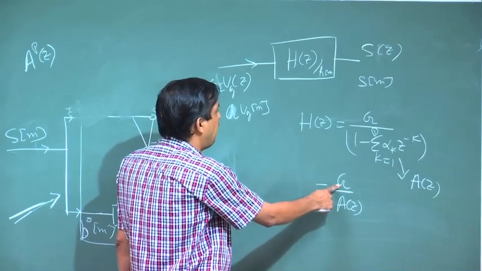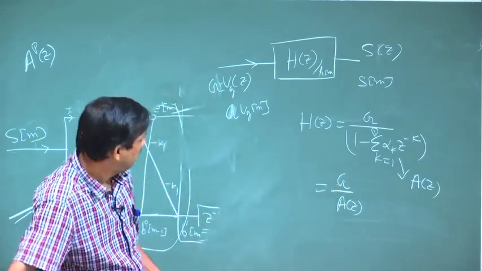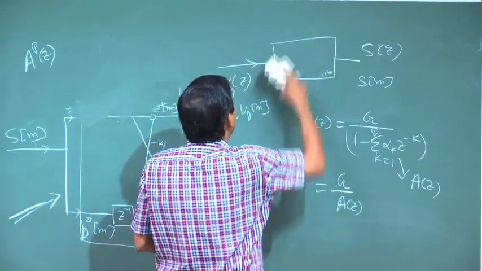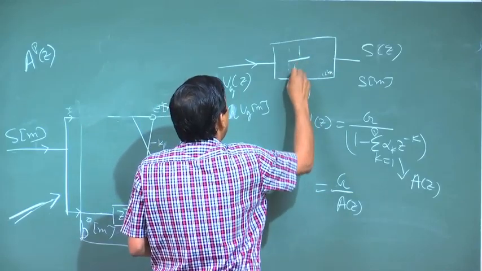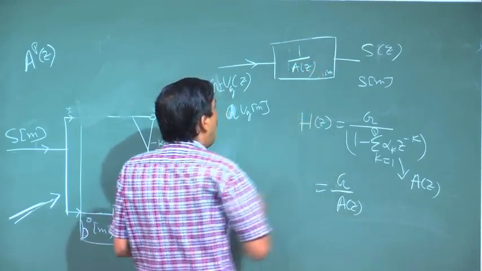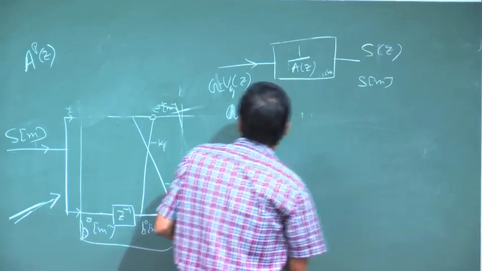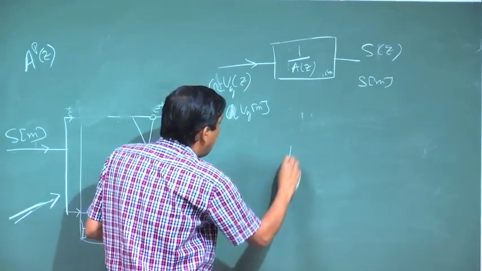G is a constant, so I can replace H(z) by 1 by A(z).